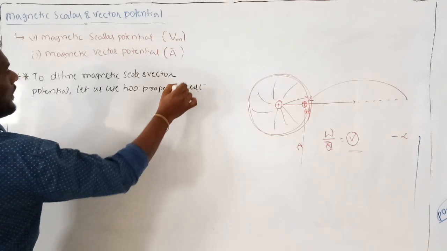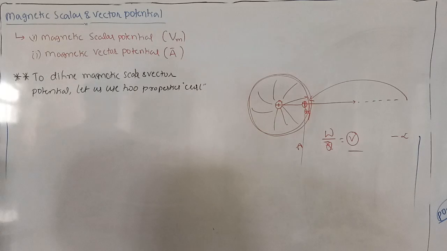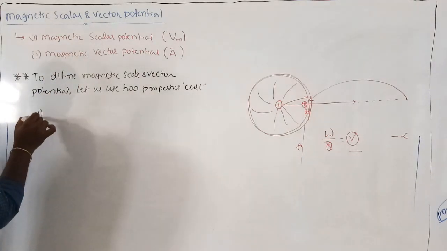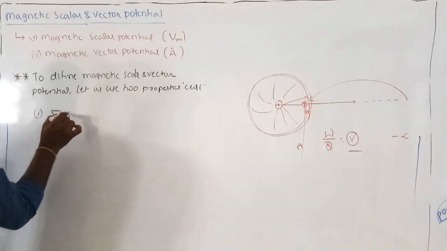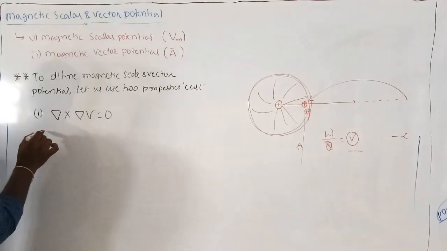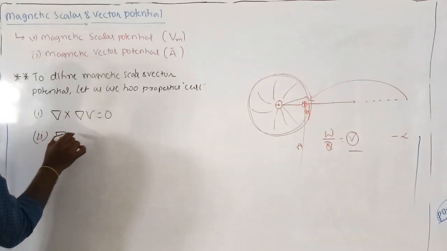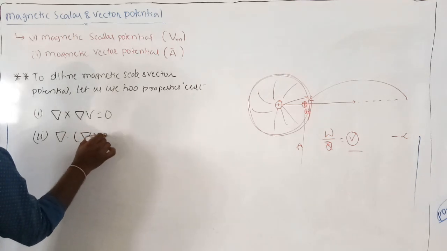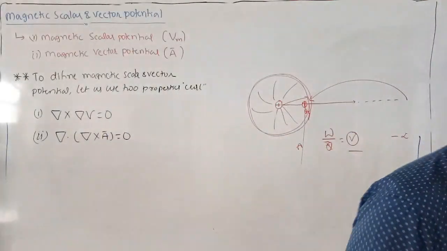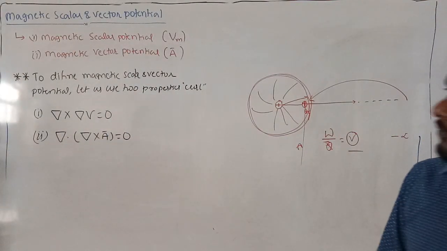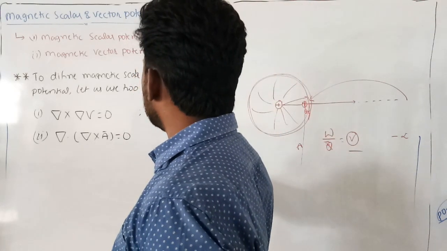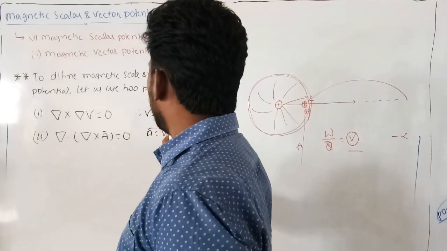Those two properties are: curl of gradient of potential equals 0, and divergence of curl of any vector equals 0, where V is a scalar and A bar is a vector.